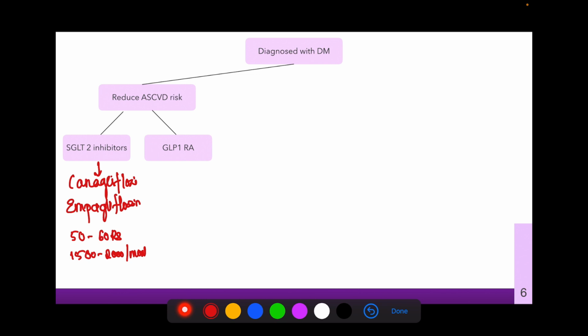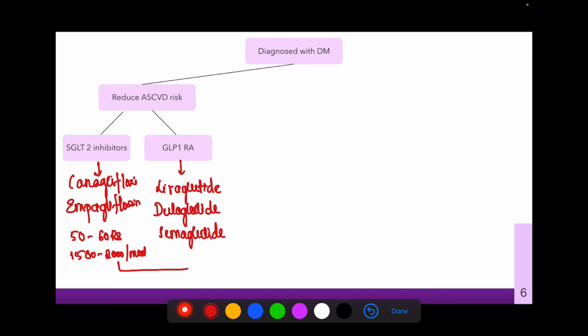So you will be able to prescribe the drugs only in very well off patients, otherwise you won't be able to. In GLP-1 receptor agonists, which are the drugs which can reduce the risk of ASCVD? It is liraglutide, dulaglutide and semaglutide. Even these are costly. You won't be able to use them, except in very well off patients.